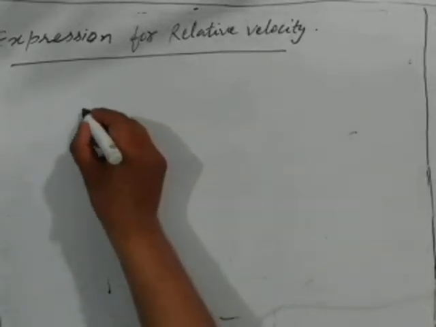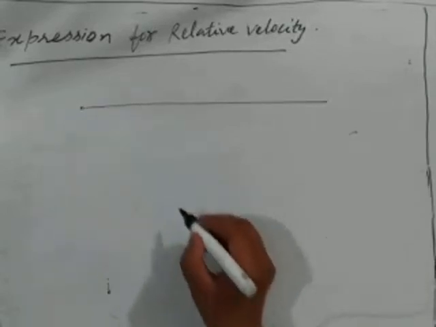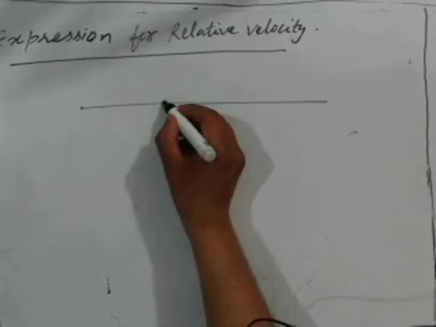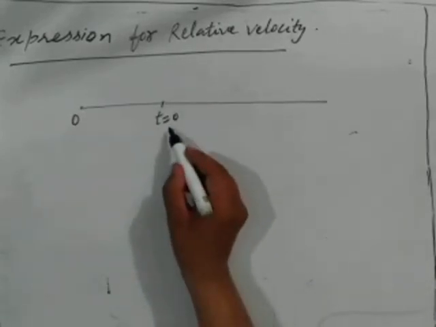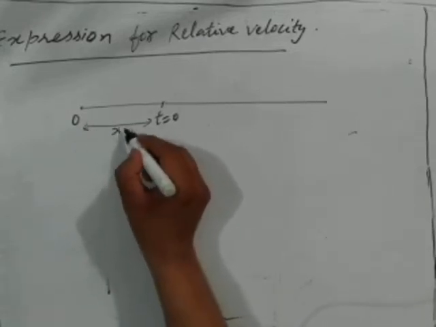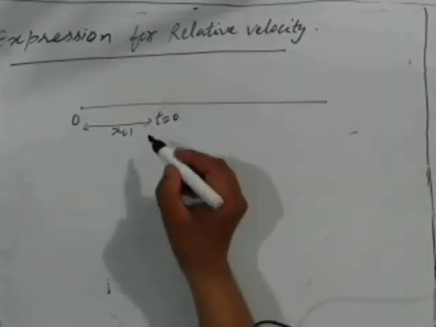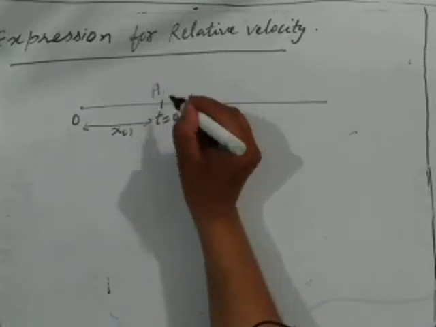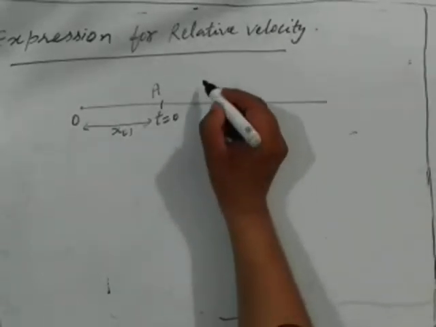Consider an object which has started its journey from the origin, and at time t equal to 0, if this is the origin point, it has already covered this distance x01. So after this point A, it moves for time t with a uniform velocity v1.